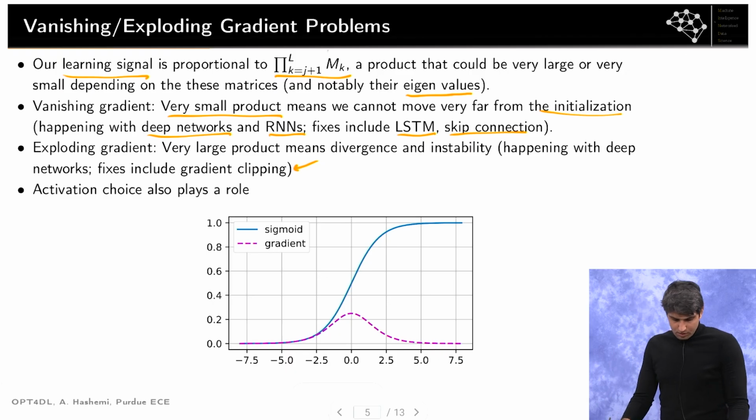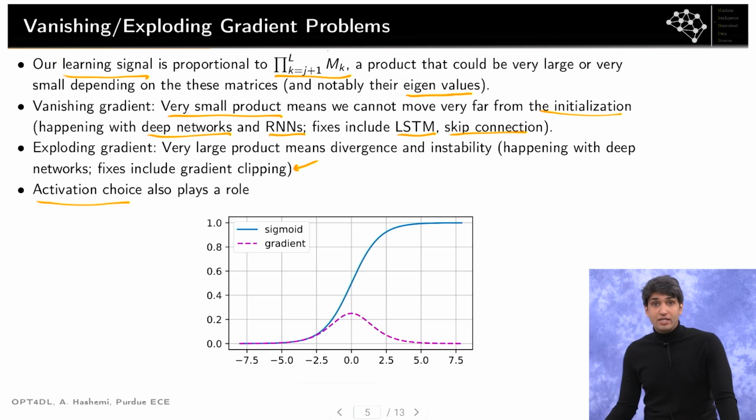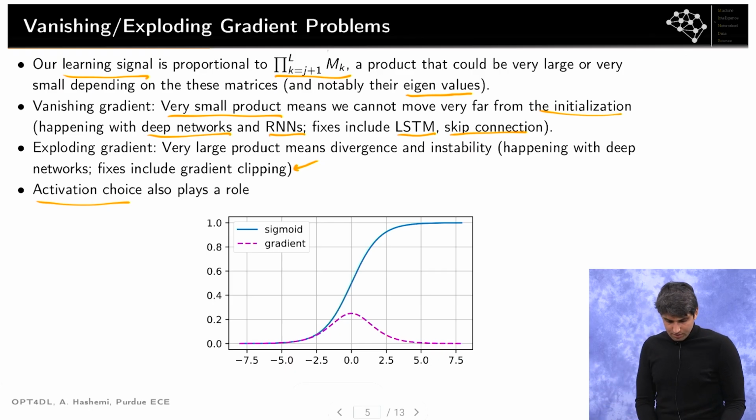All right. So in addition to these considerations, I should point out the activation choice also matters, because these derivatives are basically hiding the derivative of the activation function in the math. So for instance, what we have observed is that sigmoids are more prone to the vanishing gradient problem. And the reason is somewhat intuitive if you plot the sigmoid function and its gradient.